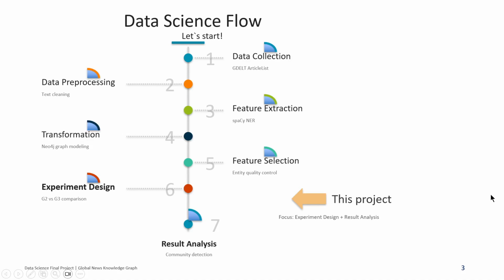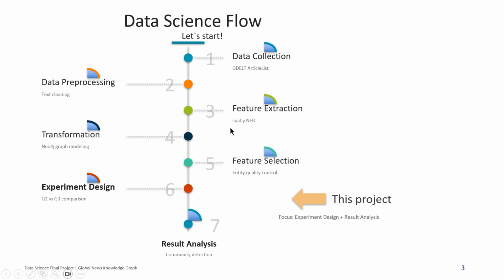The whole flow includes data collection, data preprocessing, feature extraction, transformation, feature selection, experiment design, and result analysis. For data collection, we use the GDELT article list to collect global news article metadata. For data preprocessing, we clean the article titles.